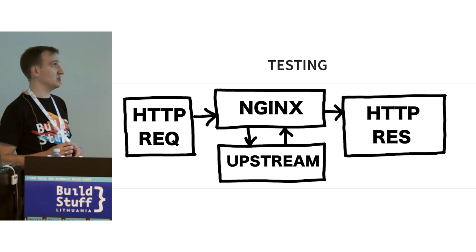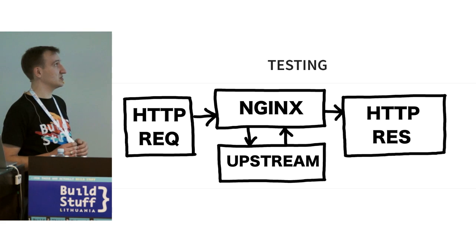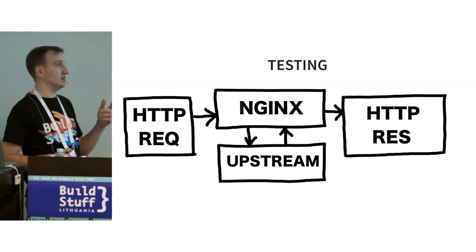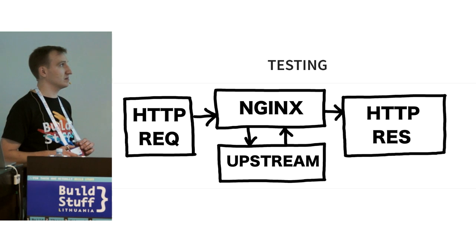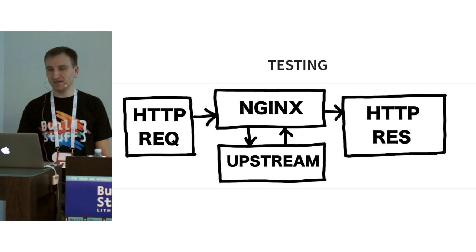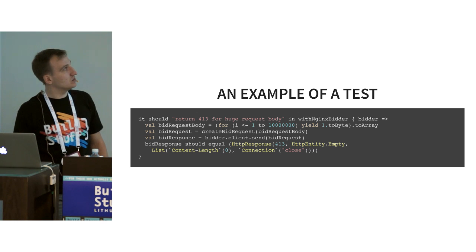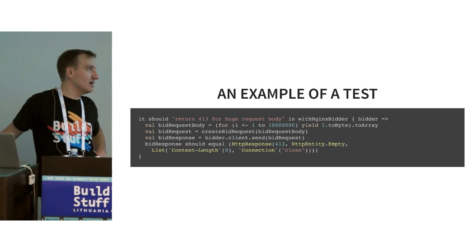We treat the Nginx process as a black box and write tests which generate and send HTTP requests to Nginx and inspect the responses. For that, we have a small testing framework, which is written in Scala.